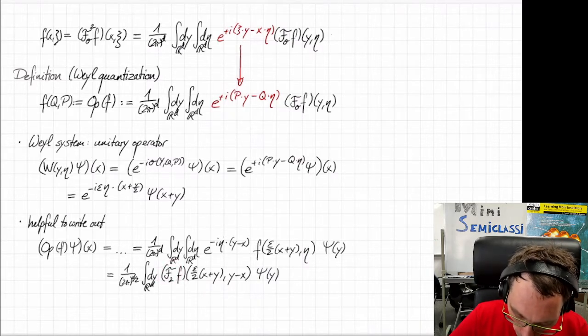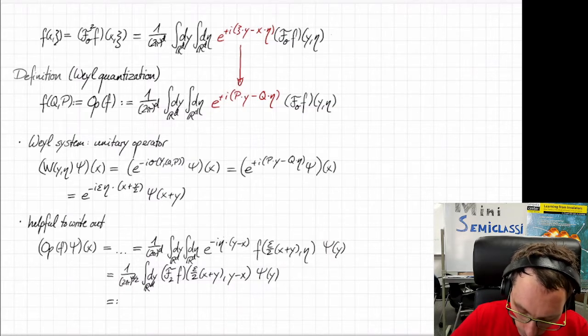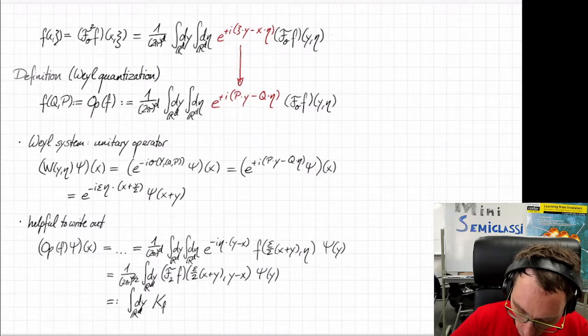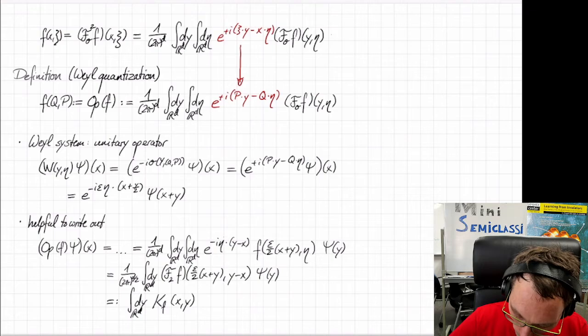And importantly, we give an abbreviation to the whole shebang, which is just kf of x, y, psi of y.